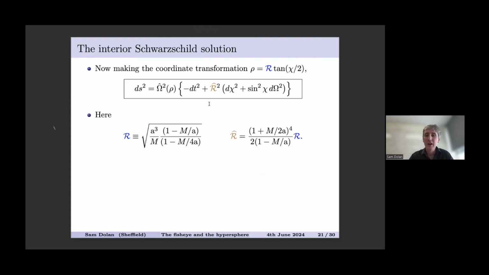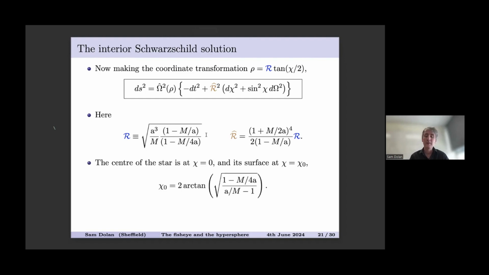Okay, so we can write down everything in closed form. It's got an effective radius of r hat, which is this constant factor multiplied by the curly r, and the curly r, which governs the extent of the hypersphere relative to the isotropic coordinates, is defined here. Okay, so now we come to an interesting question.